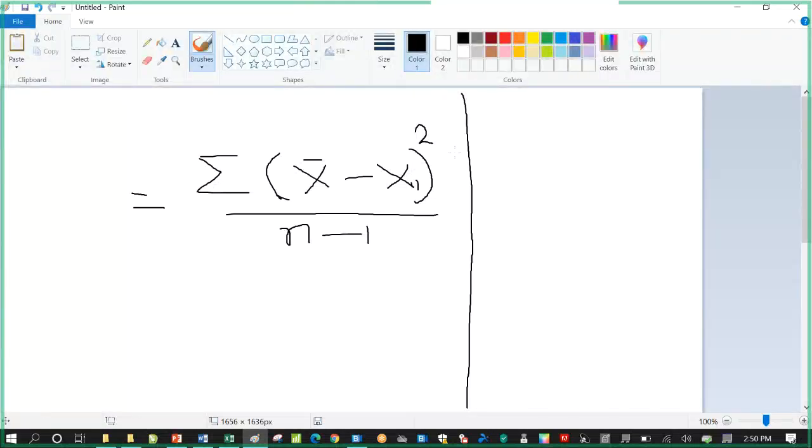When you are calculating population, this top portion will remain the same: x bar, or that x bar is sometimes called mu also, minus x1 whole square, divided by n.